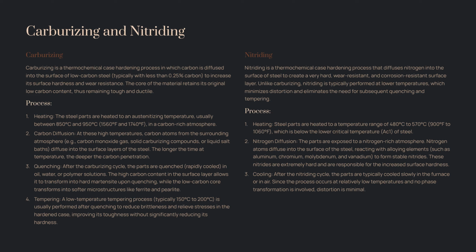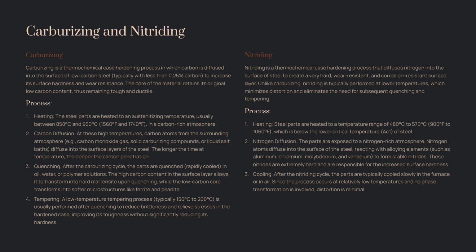The parts are exposed to a controlled atmosphere containing carbon-donating gases, for example, methane, propane, and ammonia. At elevated temperatures, carbon and nitrogen atoms diffuse into the surface layers of the steel. The nitrogen enhances the hardenability of the case, allowing for less severe quenching media and reduced distortion.